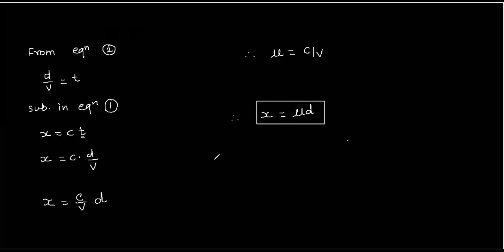Next, below, I am taking a note point: optical path difference. This optical path difference is denoted by delta x, and this is equal to A'B' minus AB. A'B' is x, that is mu d. Yes or not? x is equal to mu d only.